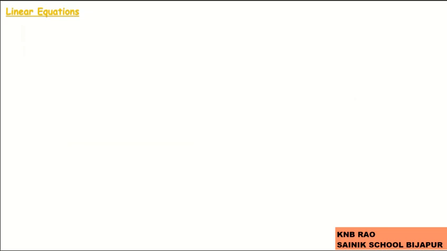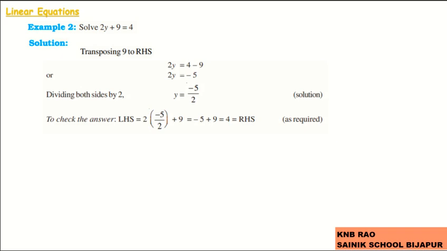Students, on solving a linear equation, we need to know one more important thing. Let us see this example: solve 2y plus 9 equals 4, and you know how to solve it by the transposing technique. Transposing 9 from LHS to RHS, 2y equals 4 minus 9, which gives minus 5. Here y into 2, 2 is a multiplicand; now dividing on both sides, or by transposing 2 to the other side from LHS to RHS, it becomes the divisor. y equals minus 5 by 2.